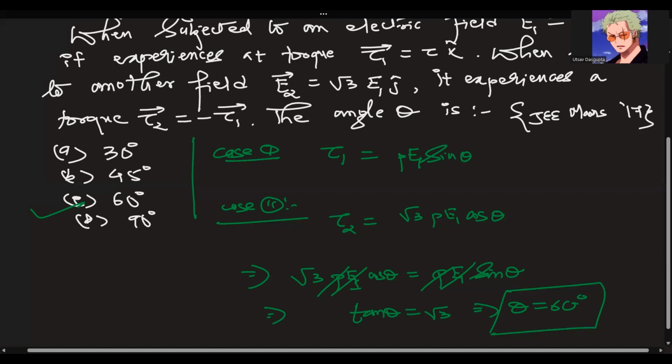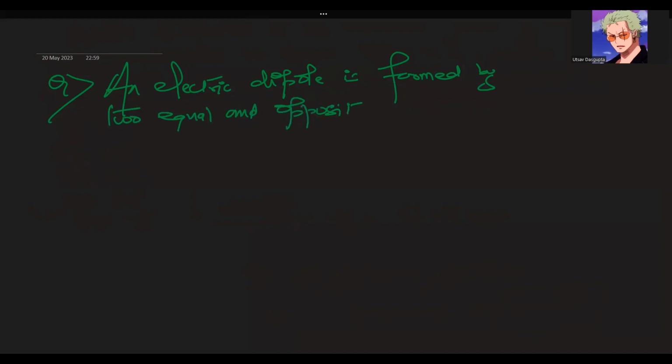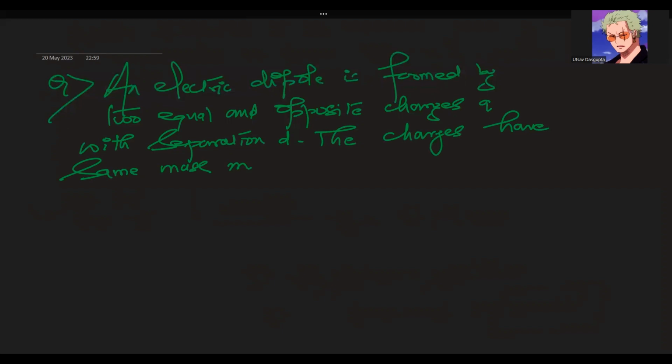So the next question: an electric dipole is formed by two equal and opposite charges Q, with separation D. The charges have same mass M. It is kept in a uniform electric field.